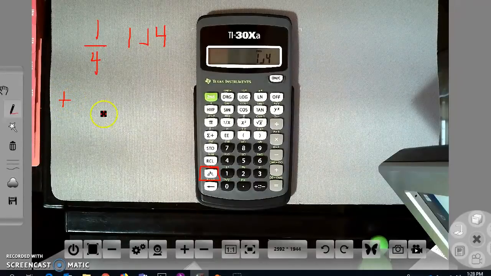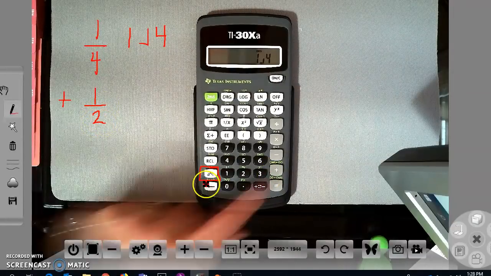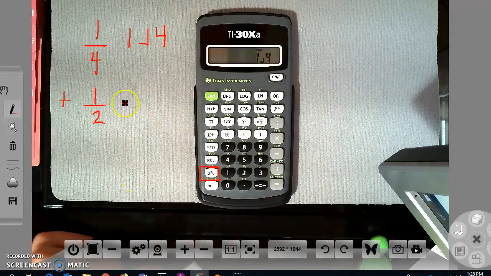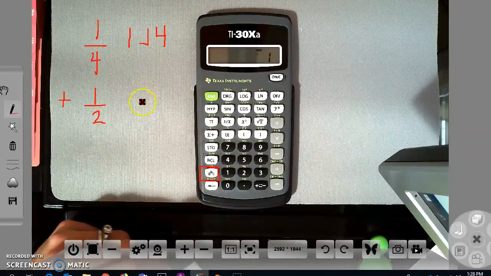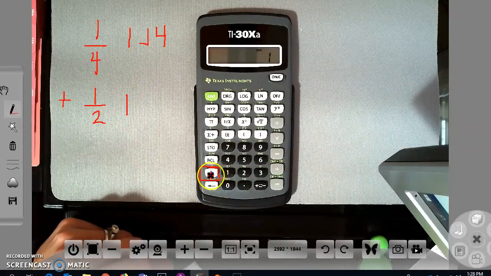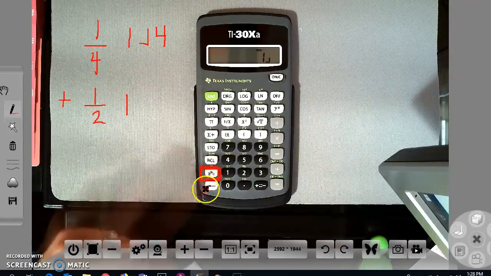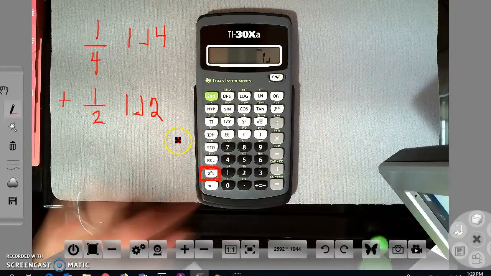So if we want to add 1/2 to 1/4, we would press plus, and we're going to repeat the same process. We're going to put the number 1 in first. We're going to press our fraction button, which gives us that backwards L. And then we're going to press the number 2.